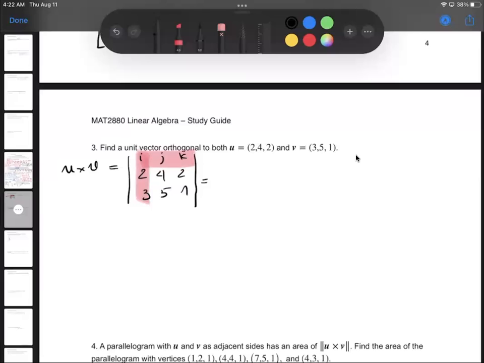Something wrong here. BA, so B is vector, let me see vector U. B, C, D. And then CB, so it should be B minus C, right?